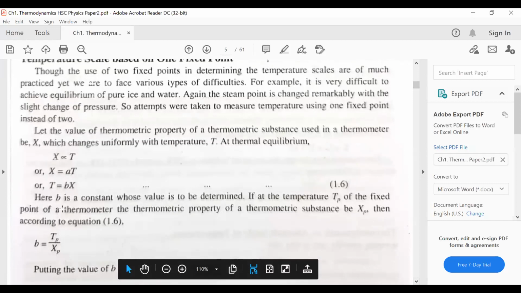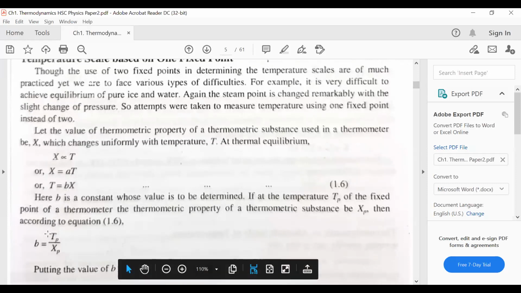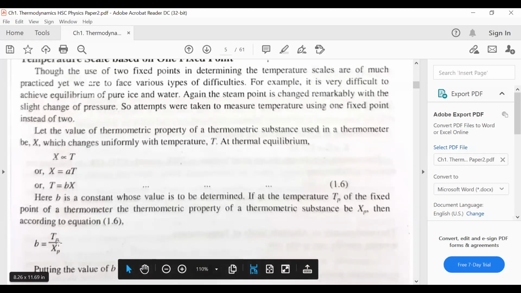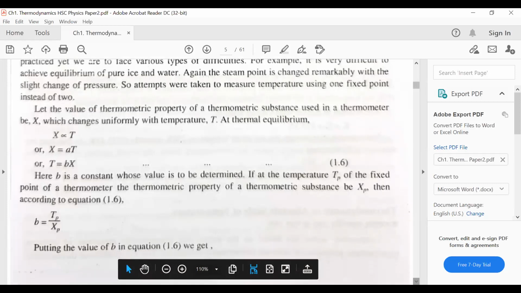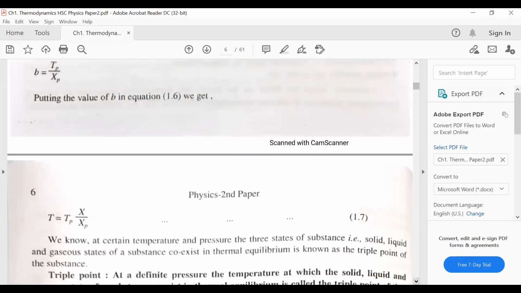So this constant B is equal to T by X. This is a constant. So the temperature divided by that thermometric property will be a constant. So Tp, the temperature at a fixed point, divided by the thermometric property X at a fixed point, will be a constant. T by X will be a constant.